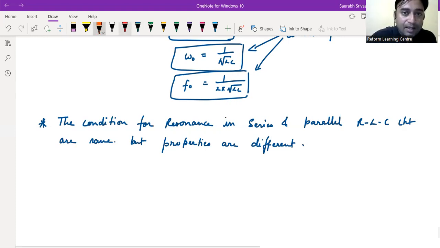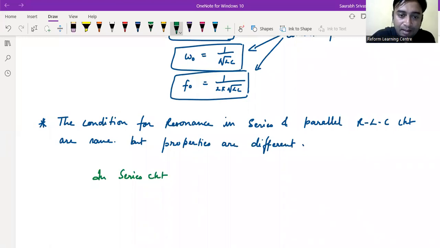हमने देखा था what is in case of series RLC circuit. In series circuit, impedance is added. So Z was equal to under root R square plus XL minus XC whole square.